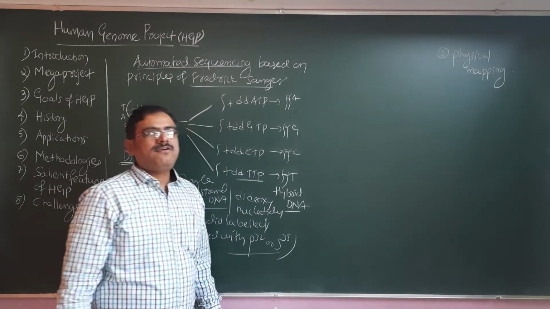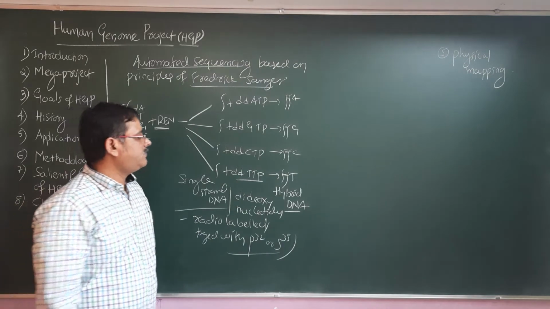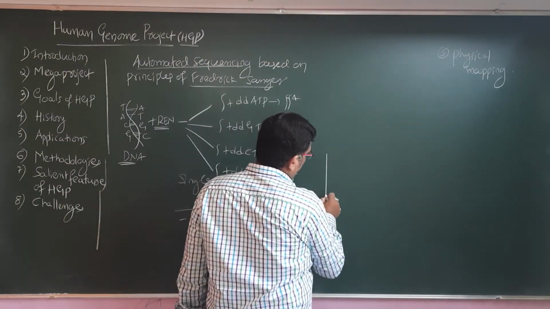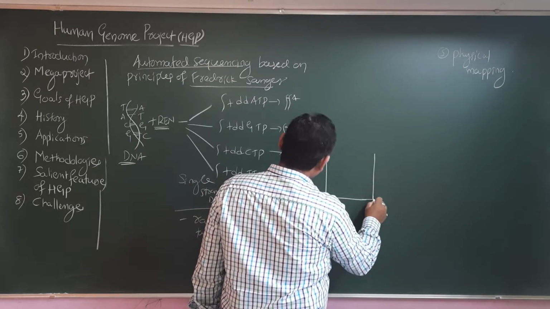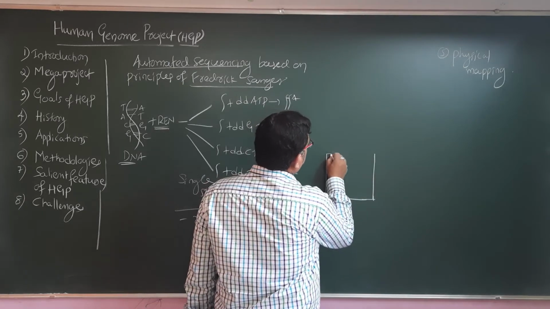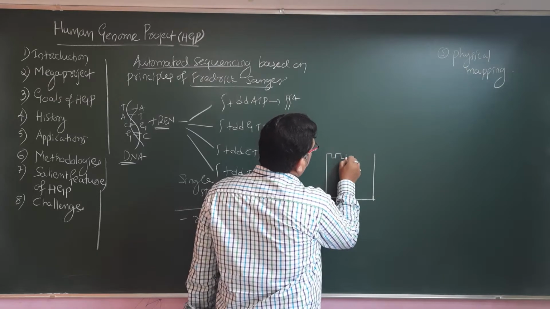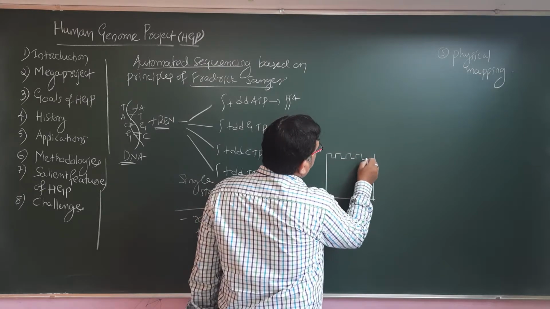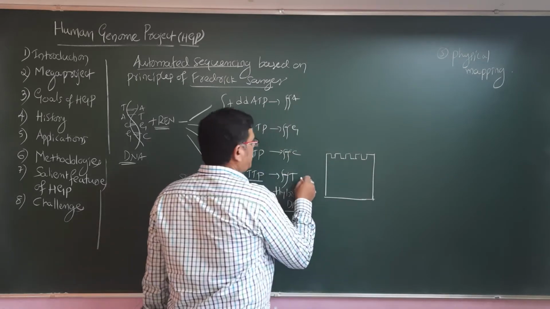Now, according to Friedrich Sanger's method, we are going to do gel electrophoresis. In the gel electrophoresis there are wells, which are cavities in which we add the DNA sample, making the DNA keep moving.